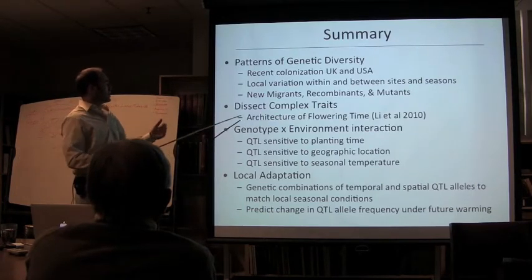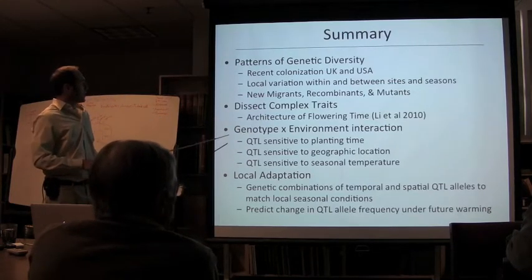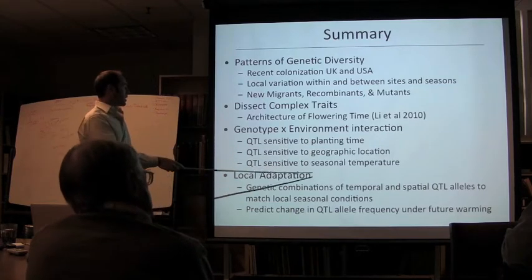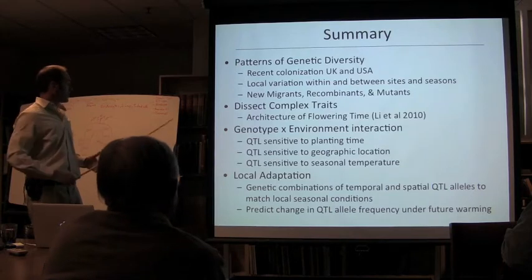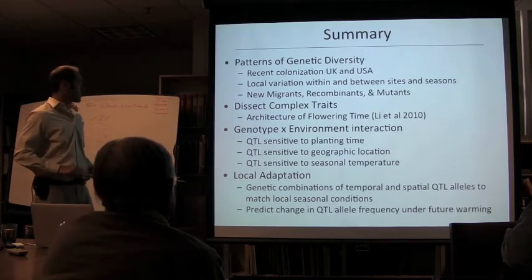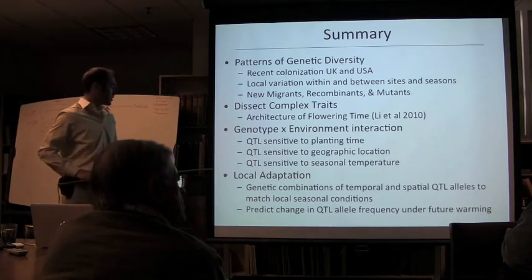And letting the trait then tell you about what the developmental stages are. And in the end, we see QTL that are sensitive both to season, location, and temperature that are common across the species range and likely important for adaptation through new combinations of standing variation.